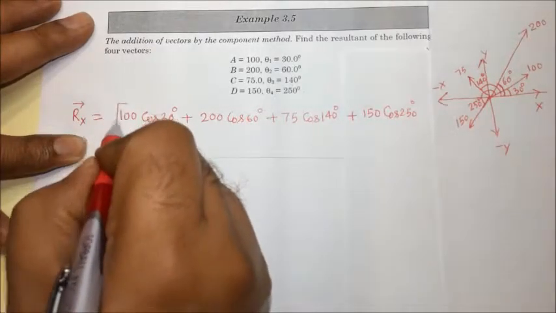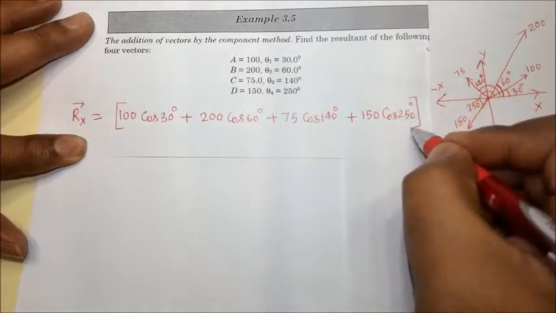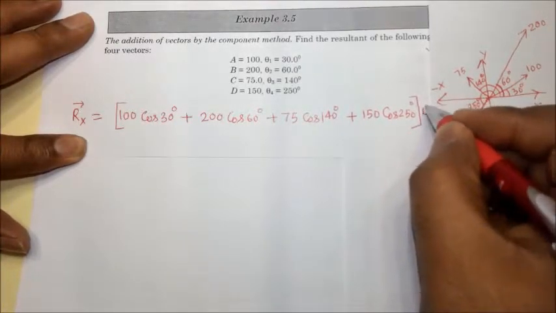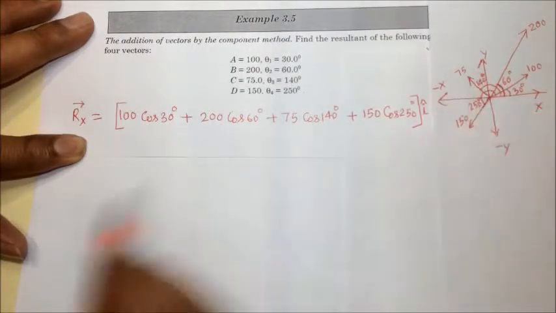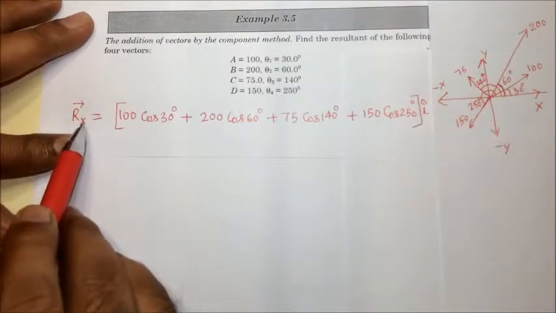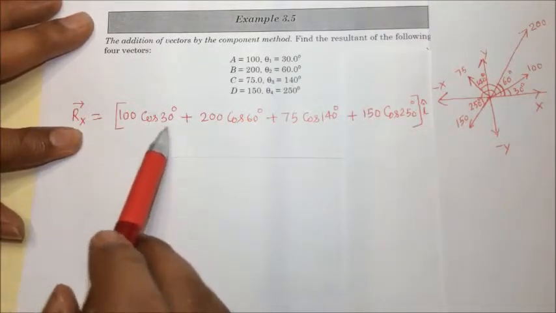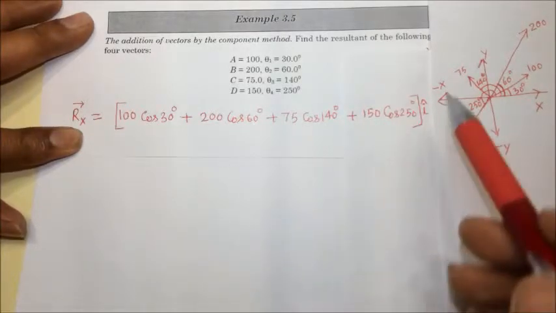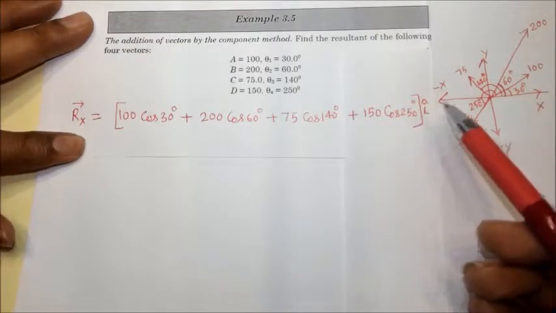These all x components point along x-axis, so I can put a unit vector I cap. So I cap means this is sum of all x components of vectors, and final sum is going to be along the x-axis. That's why it is I cap here.